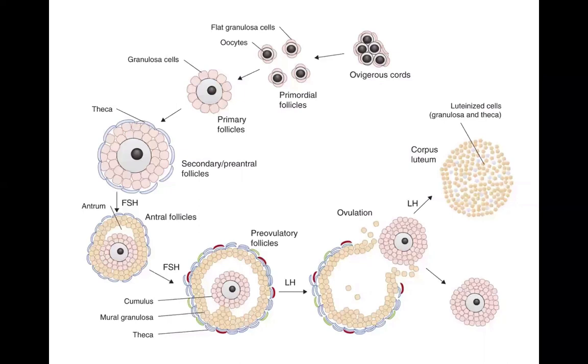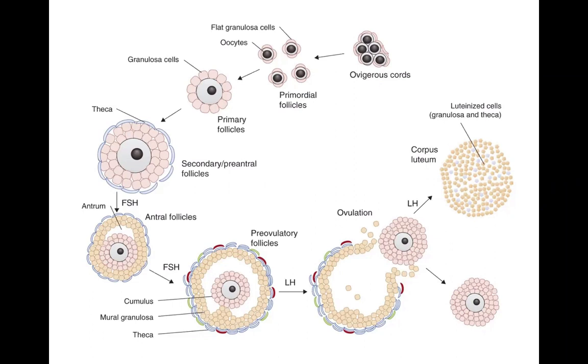Aromatase converts androgens into estrogens. So these are the ones that have high levels of aromatase. They have a ton of LH receptors in them, and number 3, they are follicles that are responsive to low levels of FSH.